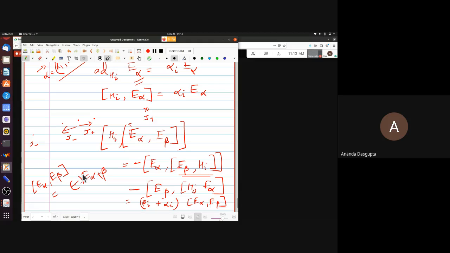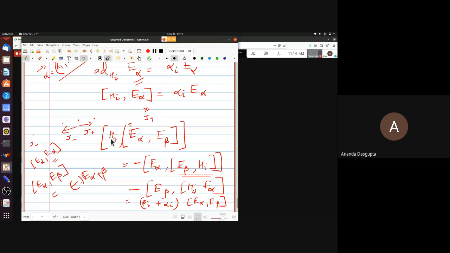What's immediate from here is E alpha and E minus alpha. You took the two together. Okay, what will that correspond to? If you took the commutator of E alpha, comma, E minus alpha, this of course is itself a commutator. If you took its commutator with HI, or acted upon that by ad HI, what will you get? 0. You'll get 0.